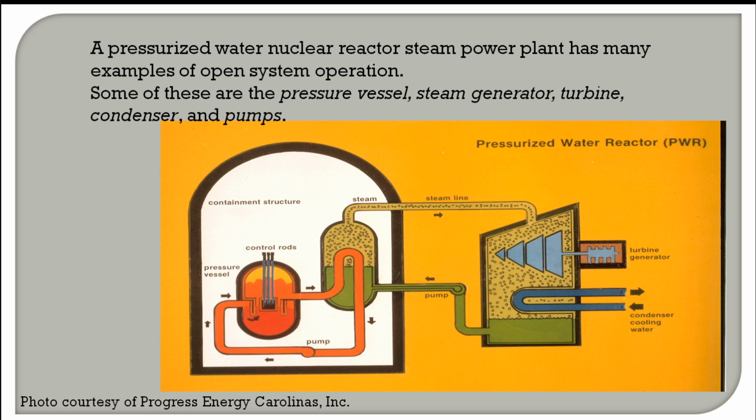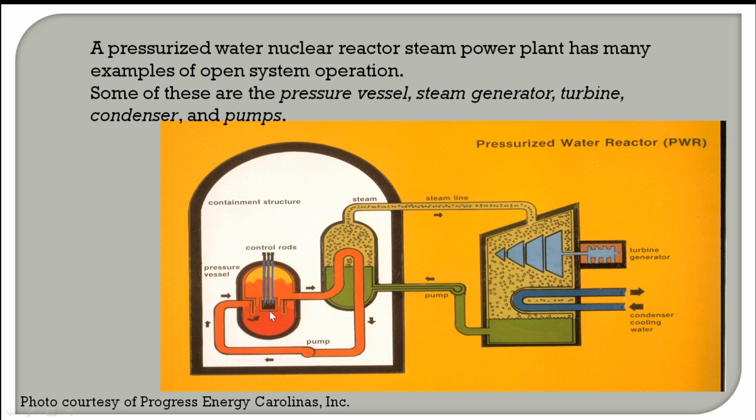Here we can see a lot of examples of open systems. In this pressurized water reactor, there are different components. There is a pressure vessel which creates pressurized water. Then we have a boiler which creates steam.